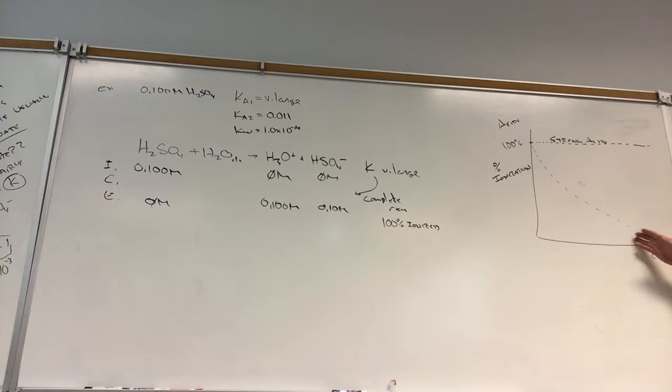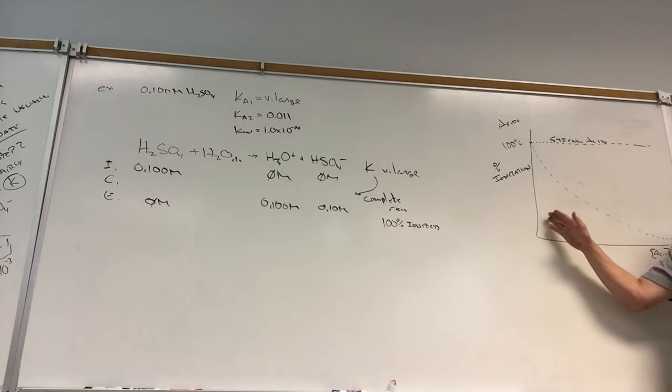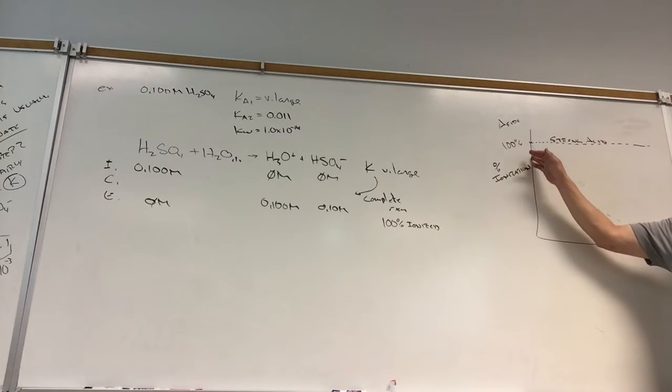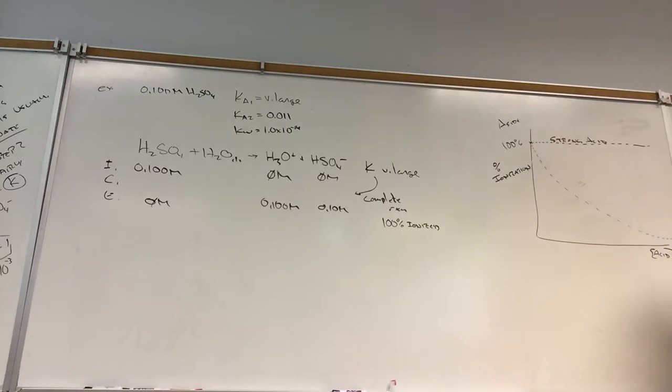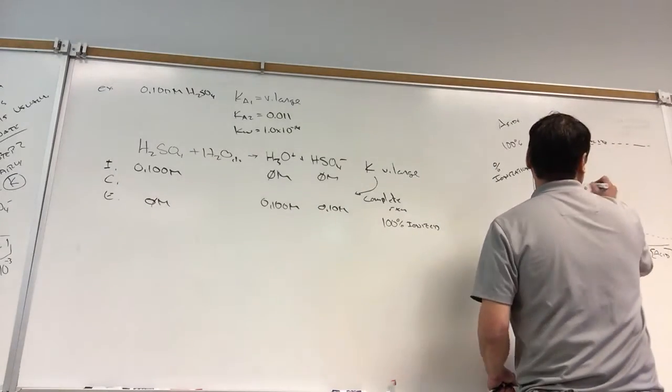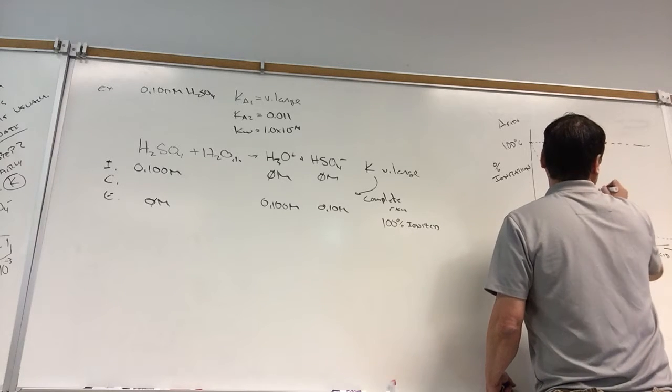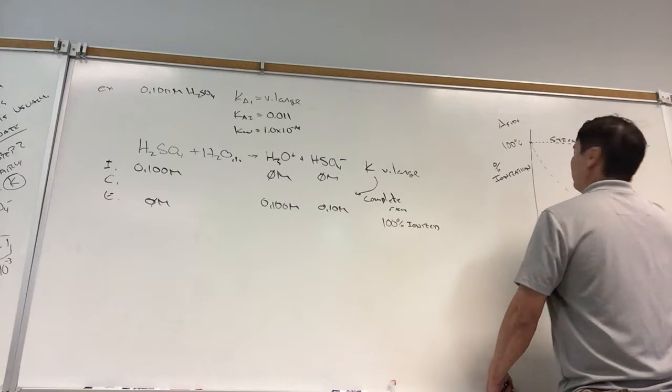As the concentration of the acid decreases, as we get close to zero, the percent ionization goes way up. And so for weak acids, the percent ionization is not fixed, it changes. So this is for weak acid.